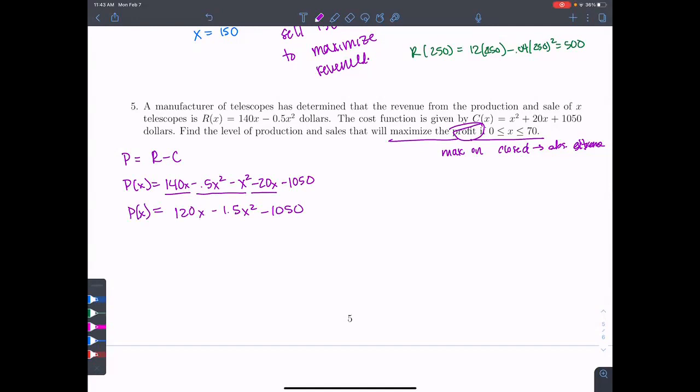So if we are trying to maximize profits, we're going to take a derivative. So that would be 120 minus 3x minus 0. This is defined everywhere, so we don't need to worry about that, but we will set it equal to 0. So 3x equals 120. So x is 40. And that's our critical value.